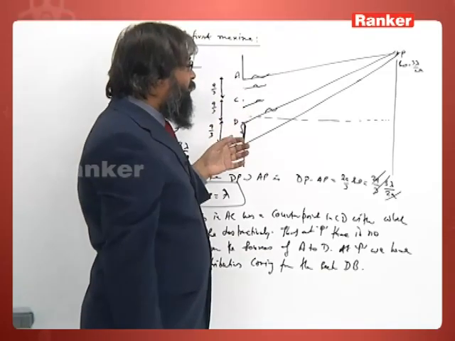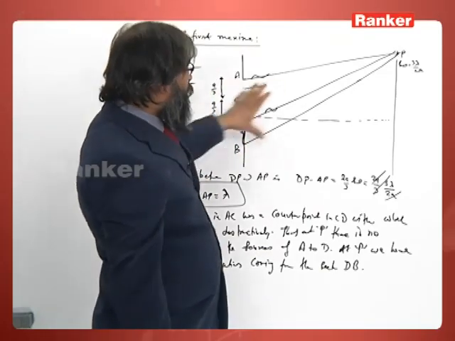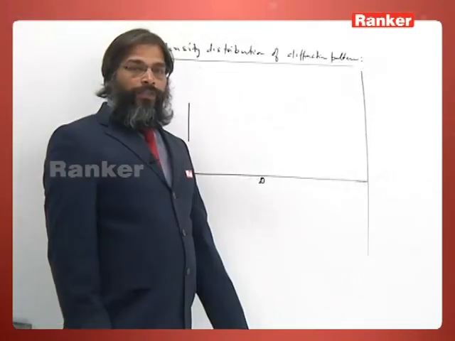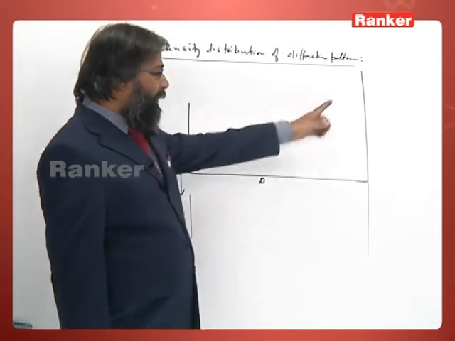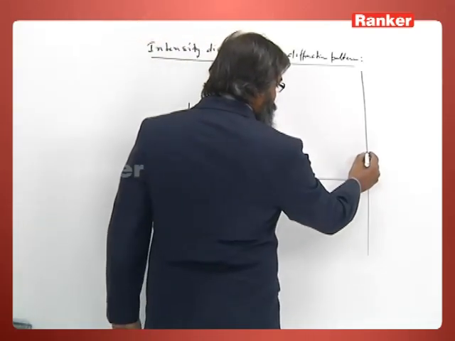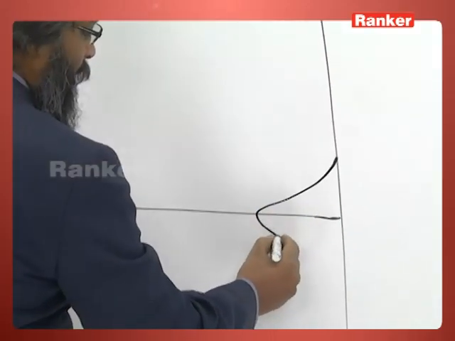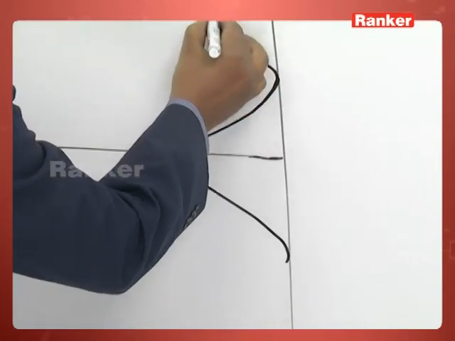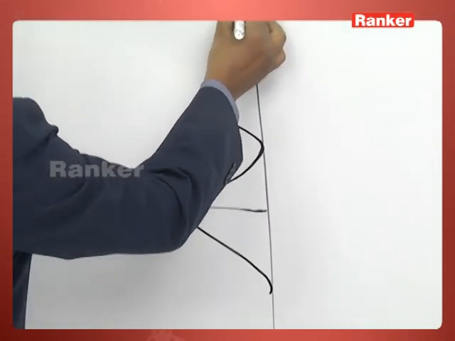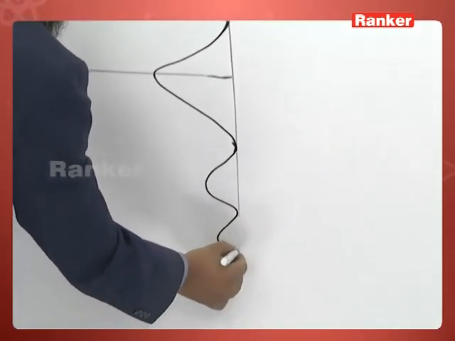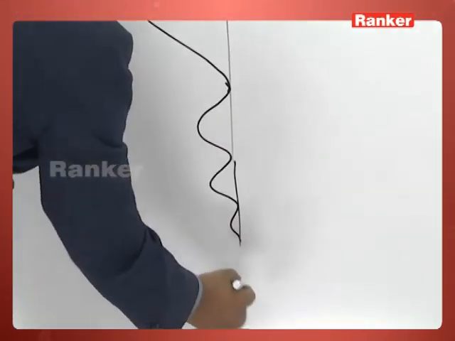Now let us see how the intensity distribution on the screen will be. The central maxima will be more intense, then other maximas will be less. So this will happen on both sides like this.